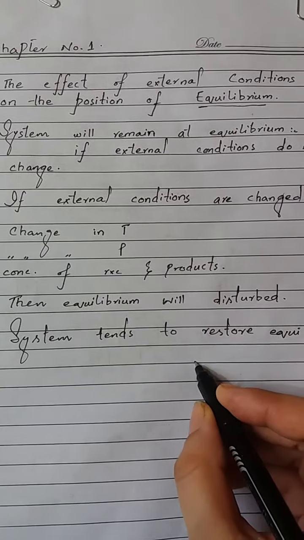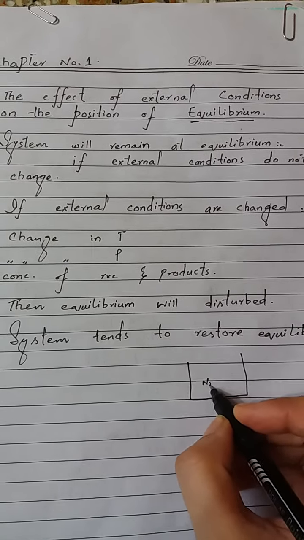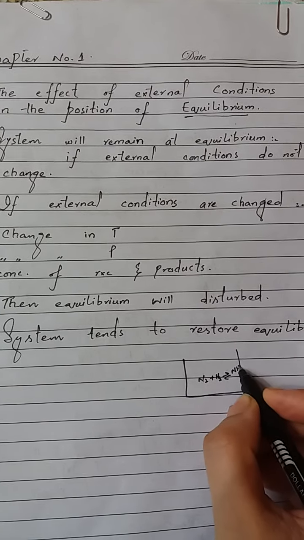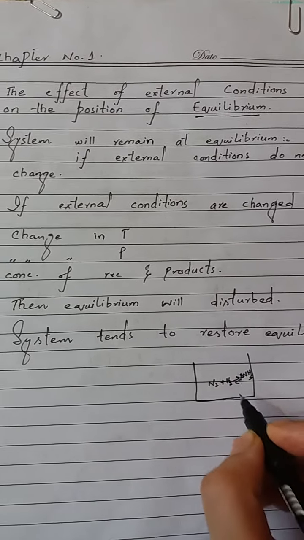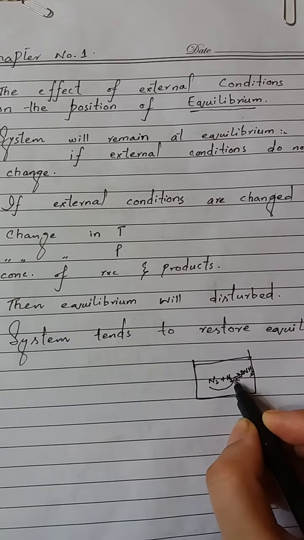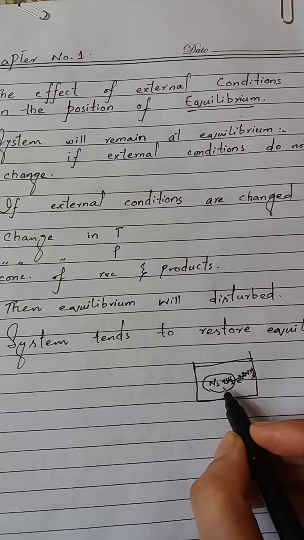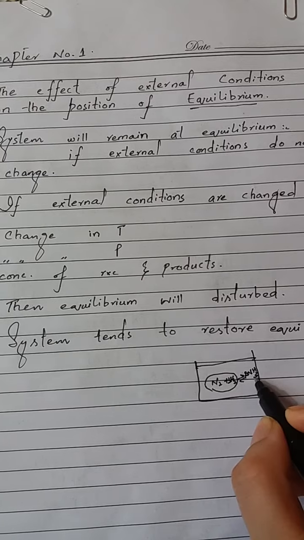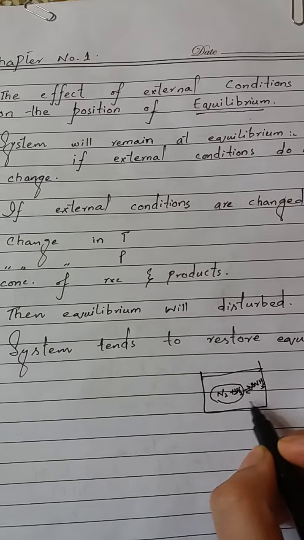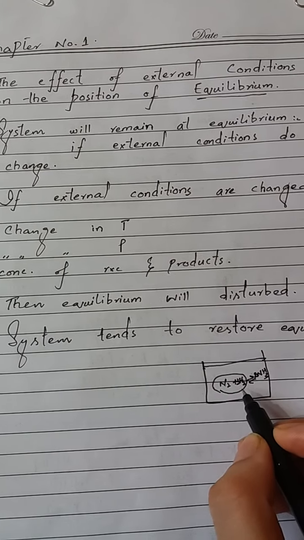For example, when N2 reacts with H2, it forms ammonia. In this reaction, if the concentration of the reactants or products changes, then the system tends to restore the equilibrium again.